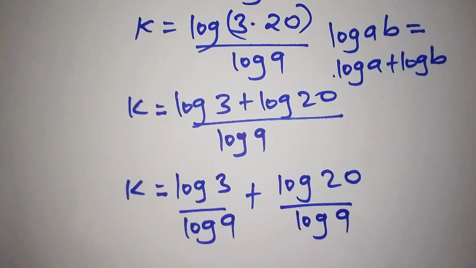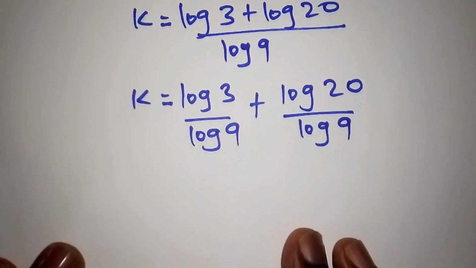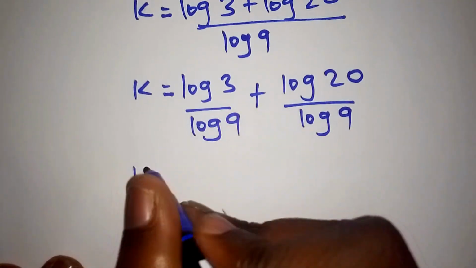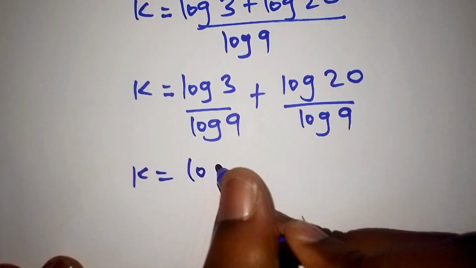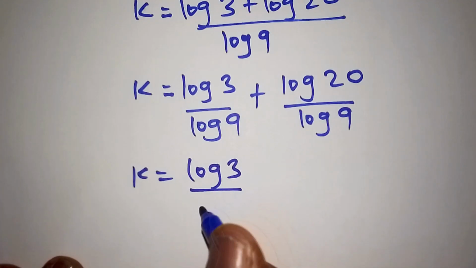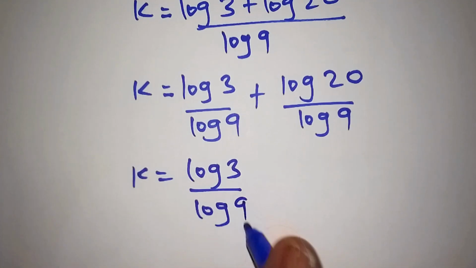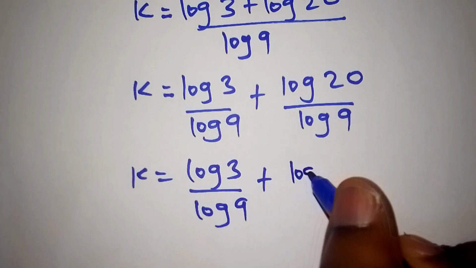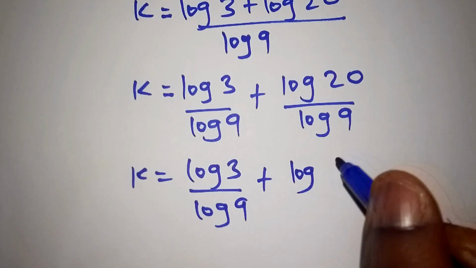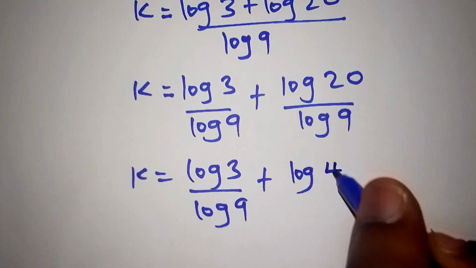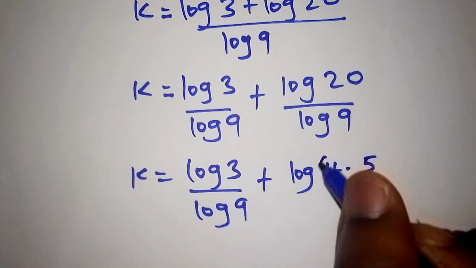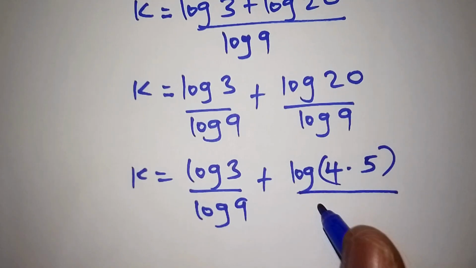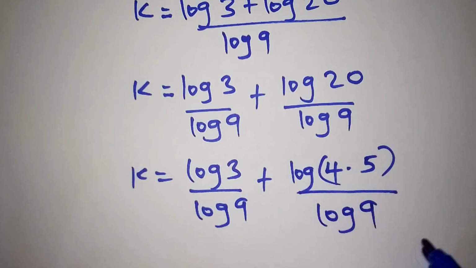Log 20 can also be written as the log of 4 multiplied by 5, all over the log of 9.